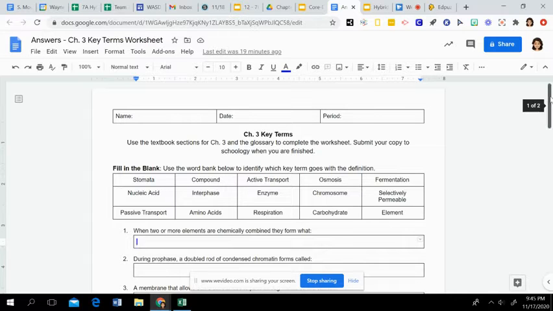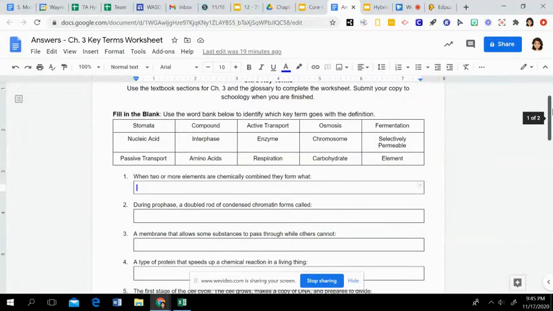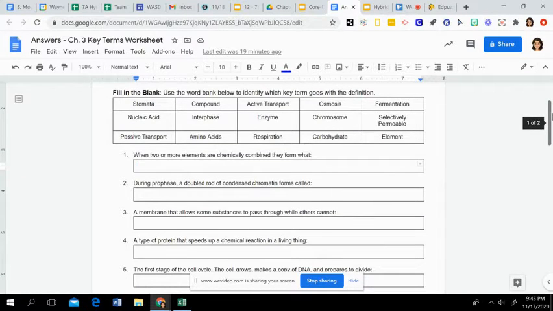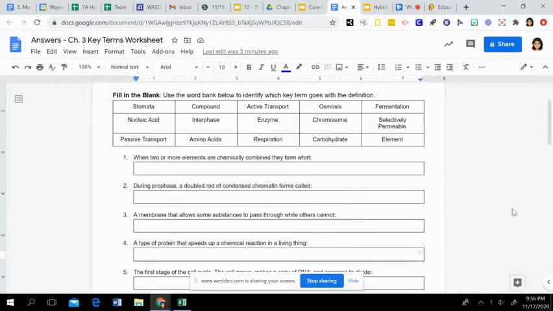So our first questions are fill in the blank. The definition is provided, and then using that word bank, you needed to identify what key term the definition went with. All right, our first question is when two or more elements are chemically combined, they form what?